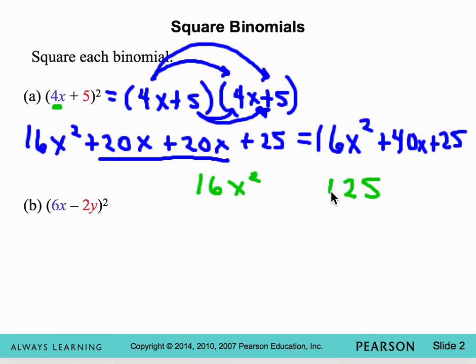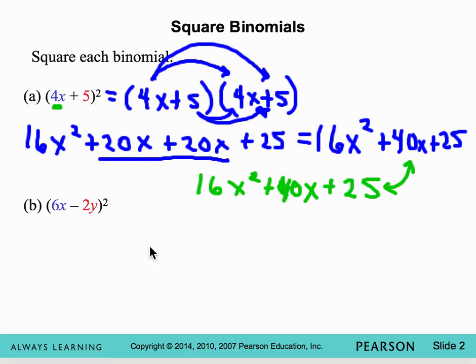And by the way, that will always be a plus. And then for the middle, I need to multiply the 2 terms together. So that would be 20x and double it. Match that sign. Oh, I didn't double. And double it. 20x doubled. And look, same thing.